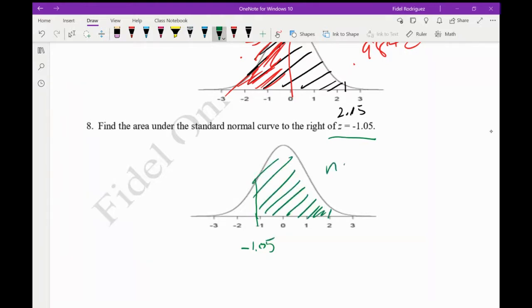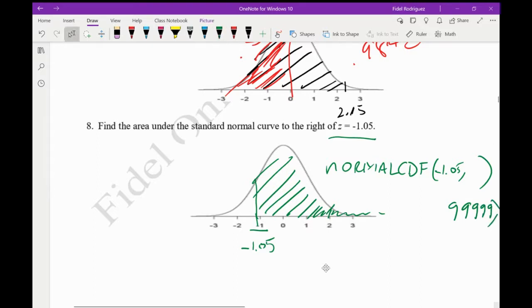Okay, so if I do that same thing, where I go normal CDF, right? Now remember, this is my lower limit, and my upper limit goes on and on forever. So my lower limit is going to be negative 1.05. My upper limit will be a ton of nines, right?